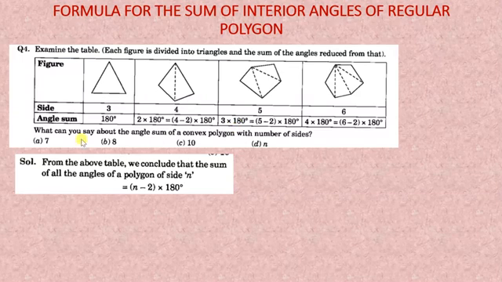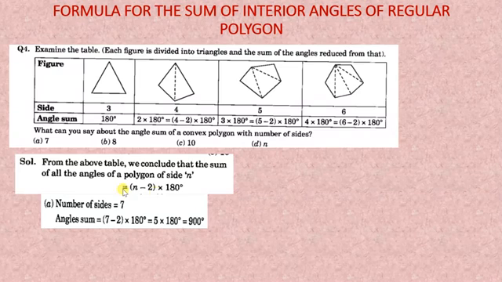Now, if it has 7 sides, then the sum of its interior angles will be (7 minus 2) multiplied by 180 degree, because n will be replaced by 7. So it becomes 5 multiplied by 180, that is 900.